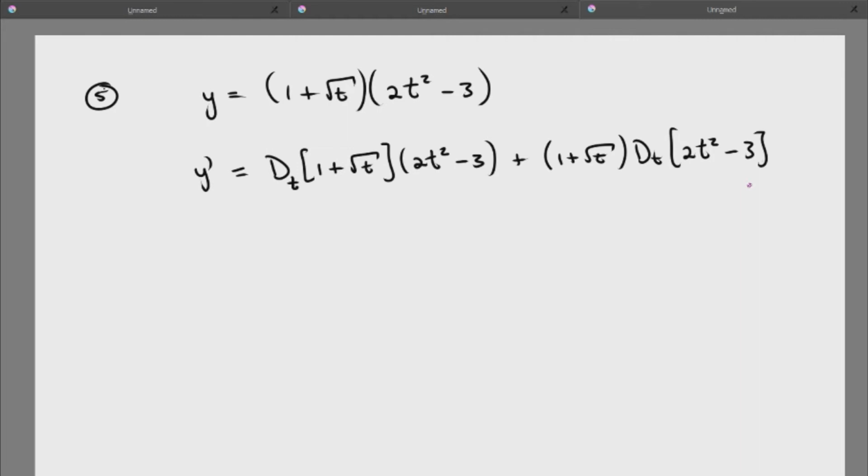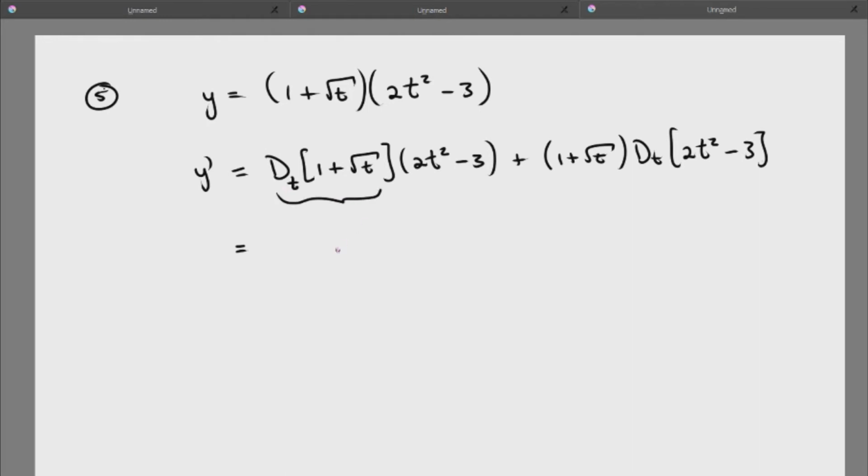Many people try and do everything at once because they think it's more impressive if they can write as little as possible, everything in one line. It's totally up to you. I don't want to make a silly mistake. And it doesn't take much effort to now continue and finish these two simpler derivatives.